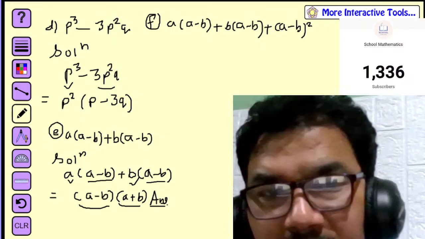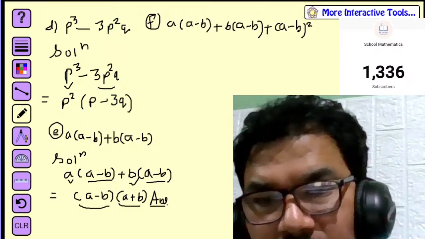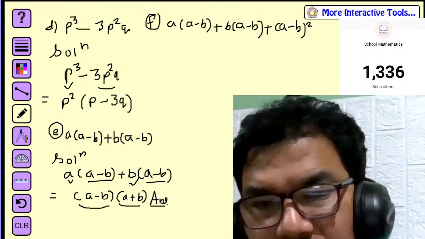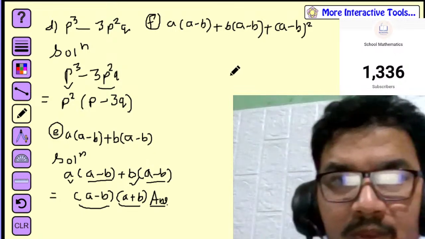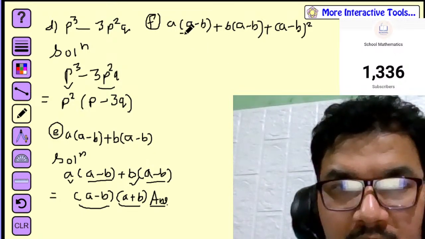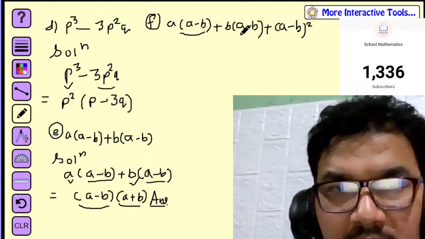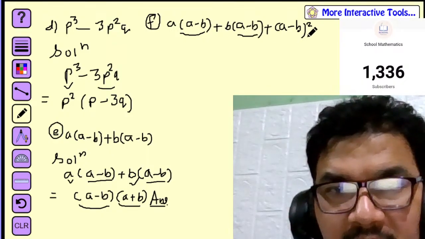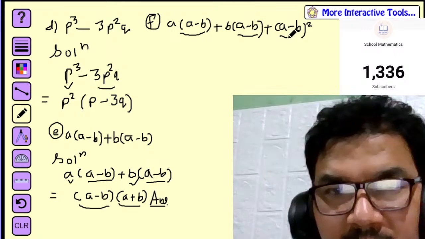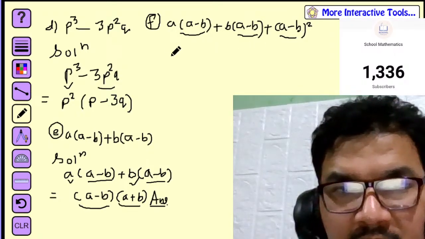Let this be given, and in such questions, how to factor? Look, I want to show you here. This a minus b is found in every term. Here also a minus b is two times because it is a minus b whole square.